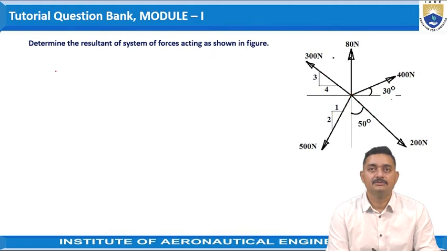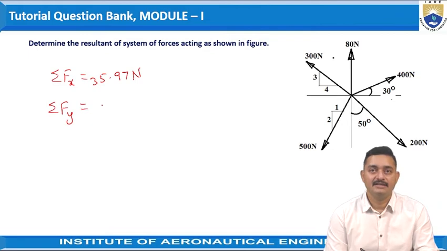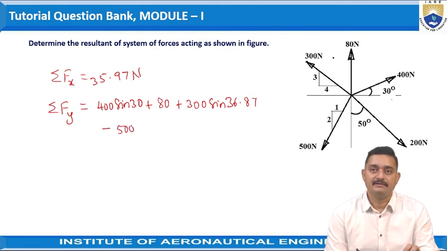So the value of sigma Fx that is obtained is 35.97 Newtons, and the equation of sigma Fy is written as 400 sine 30 plus 80 plus 300 sine 36.87 minus 500 sine 63.43, and the final component minus 200 sine 40.